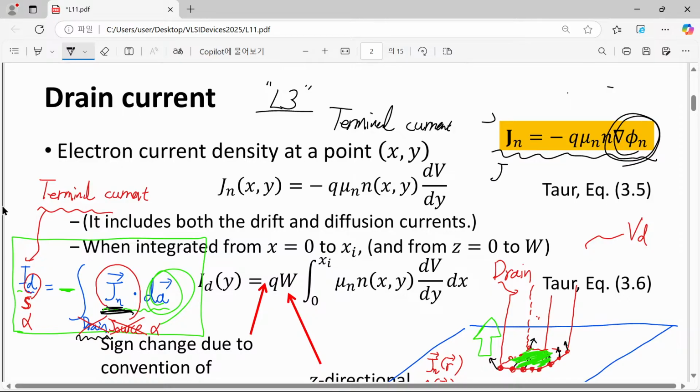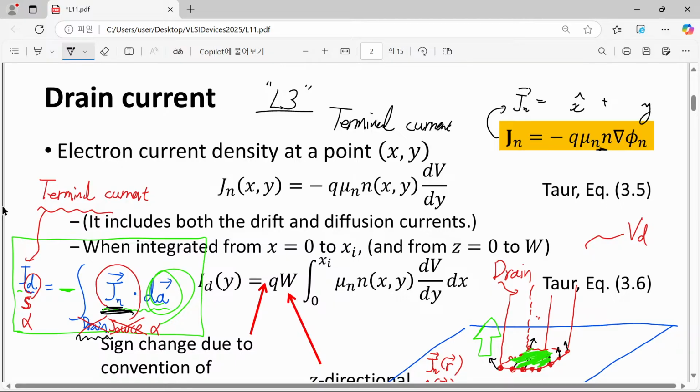Of course, if we consider the whole current density, we have to consider the gradient of the whole quasi-Fermi potential. And here we have electron density, and here we have hole density. That is quite natural.